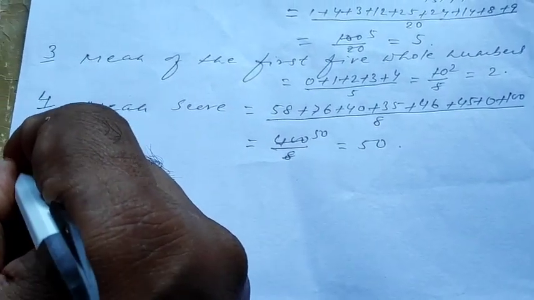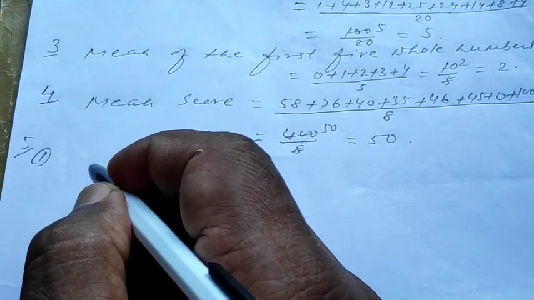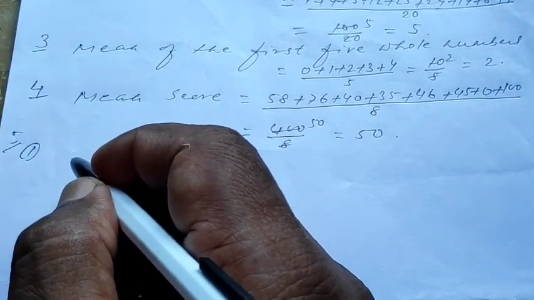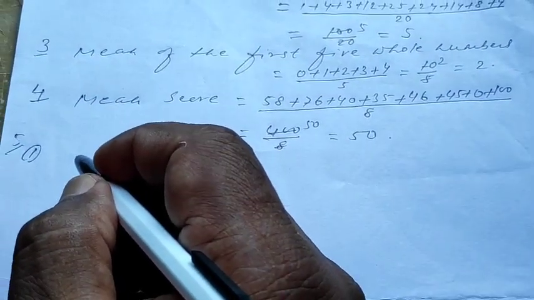Now question number 1 of 5. In question number 1, you have to find the mean number of points scored per game.